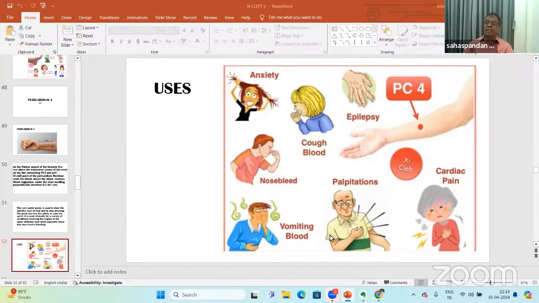While it is relatively easy to conceptualize LU6, along with LU6, there is pericardium 4 and heart 6.